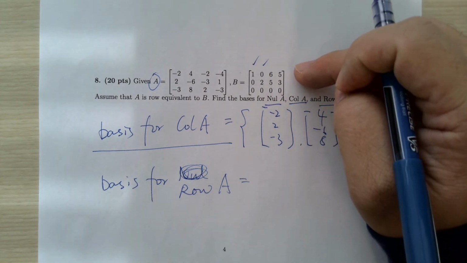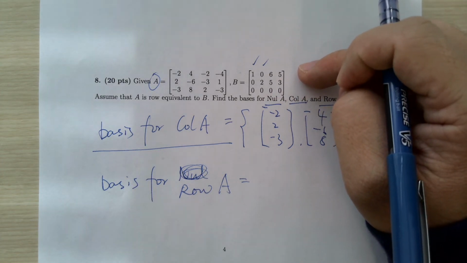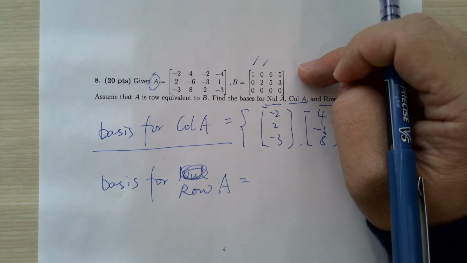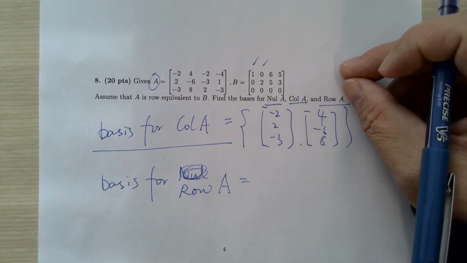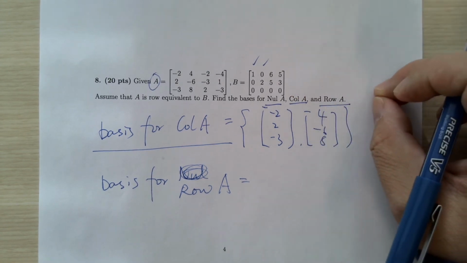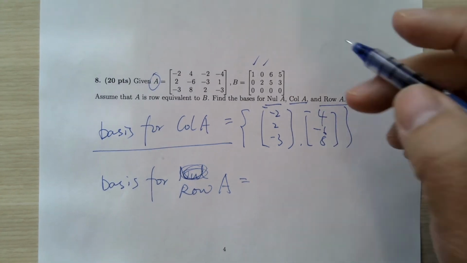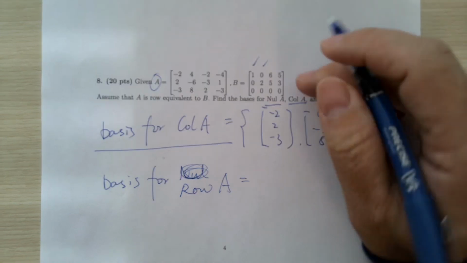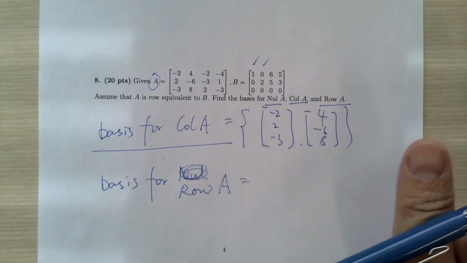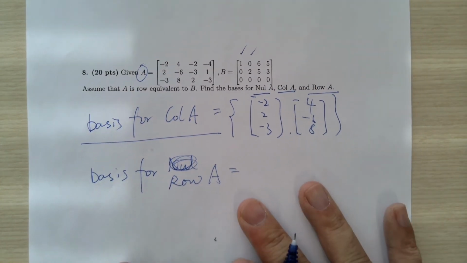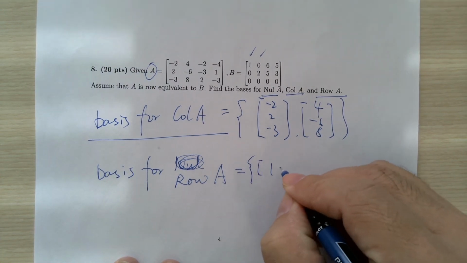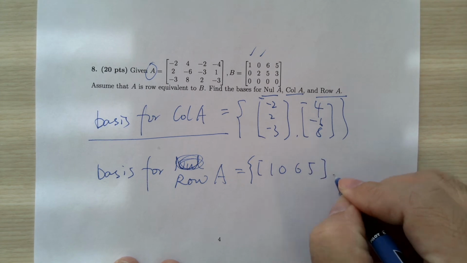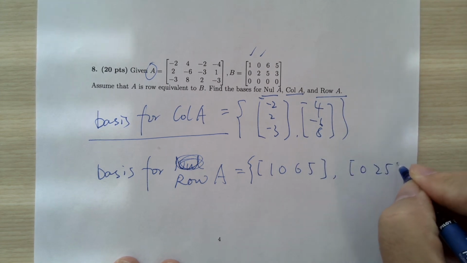The rule is, the basis is going to be all the row vectors except the zero vectors. Row 1 is not all zeros. Row 2 is also not zero. So the basis for the row space of A is going to be 1, 0, 6, 5, and then 0, 2, 5, 3.